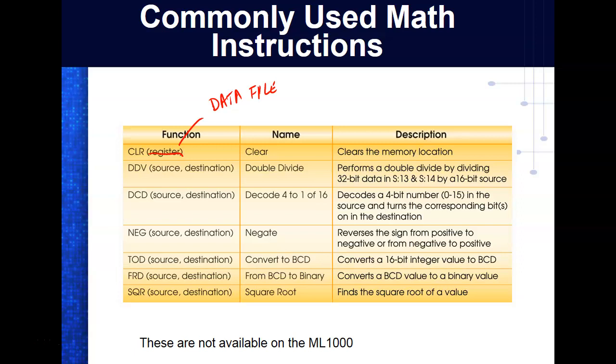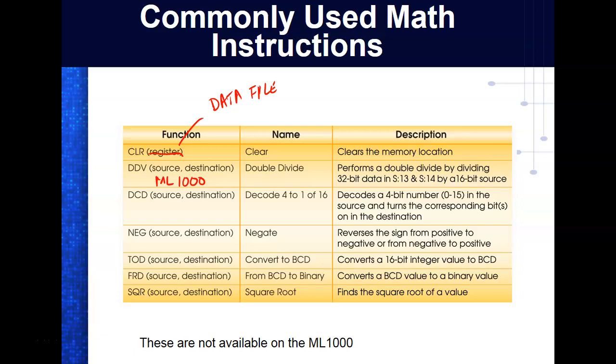This double divide is only available on the MicroLogix 1000s. We don't need it on the 1100s because we have that long data word. So the MicroLogix 1000 has this double divide, which allows us to divide by 32-bit data, but that's not exactly right either.